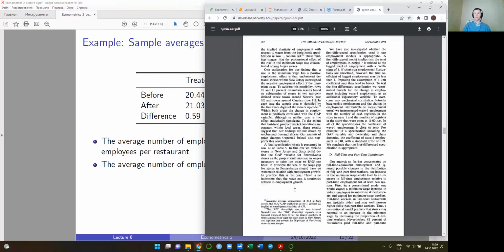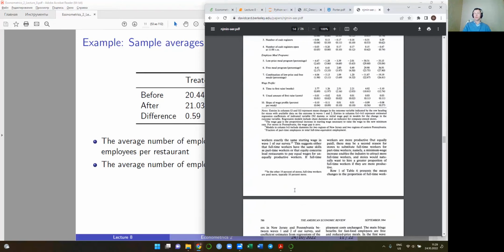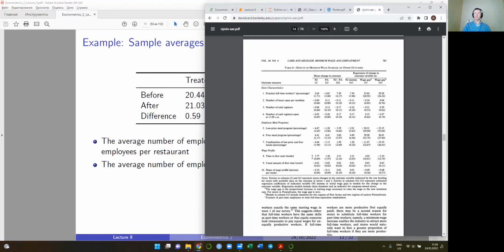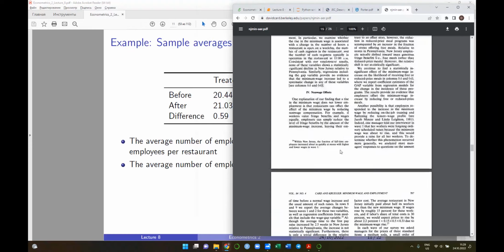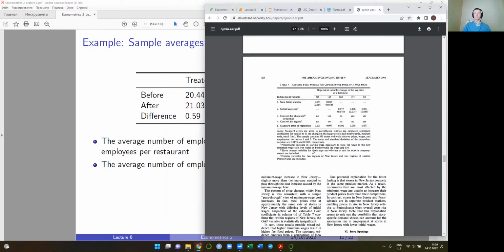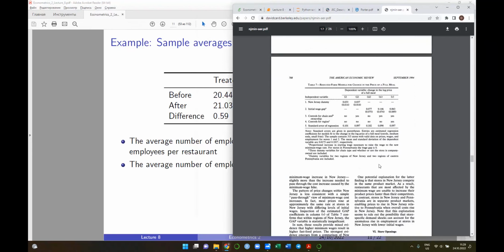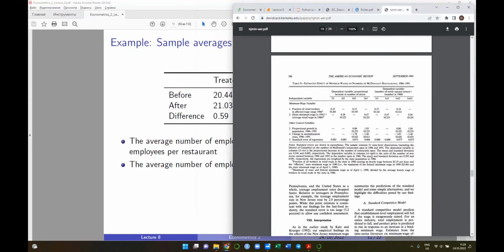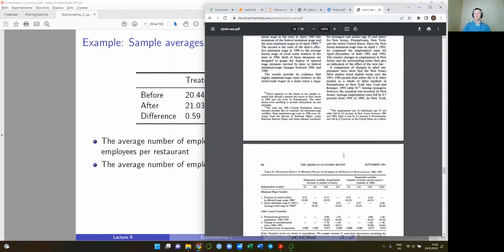So of course, as I said, this baseline model is not enough to estimate everything. Much more. So where's the estimate?